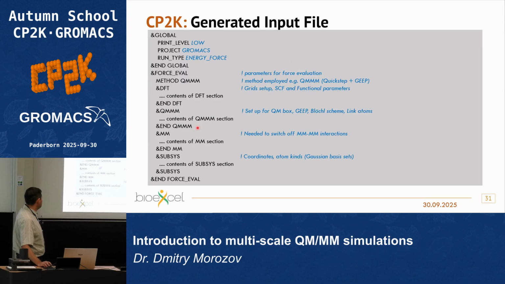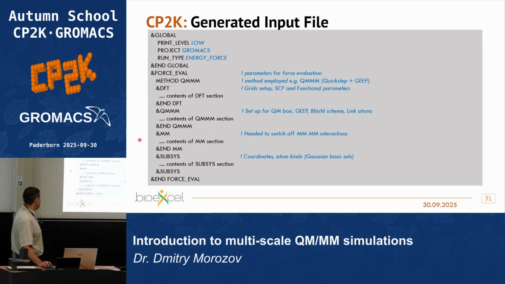For QMMM, what you need to set up are the dimensions of your QM box and the MM box. Not you, but the interface will do that. It will set up the GEEP, the Blöchl decoupling scheme, and link atoms here.